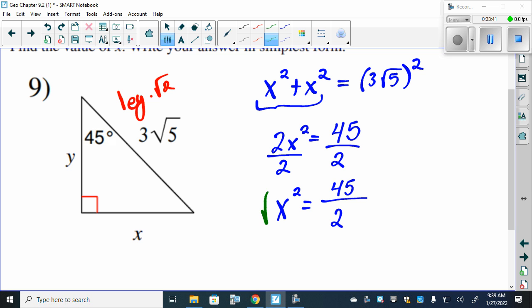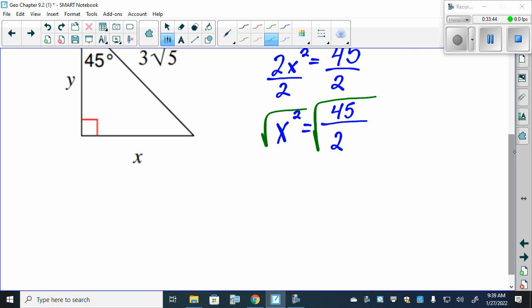And at this point here, we would square root both sides. And unfortunately, for us to get a real precise answer, we have to plug it in as the square root of 45 over the square root of 2.